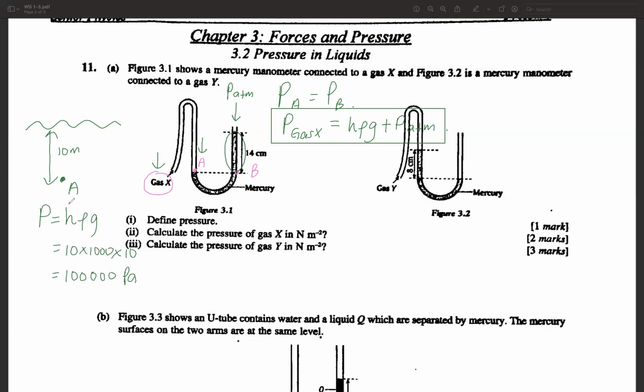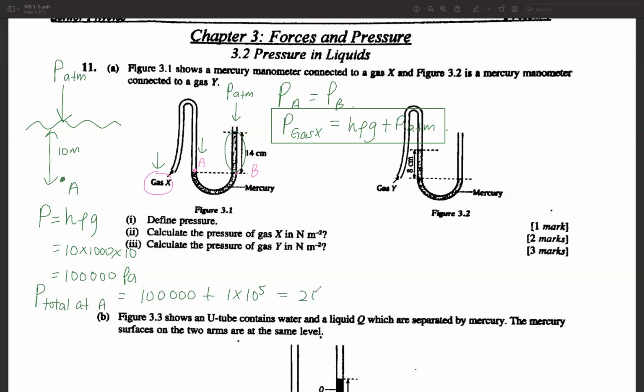This is not the total pressure, remember, because you also have atmospheric pressure. The water presses on point A, the air also presses on the water. So it's going to add up. That means the P total at A is going to be 100,000 plus the atmospheric pressure.